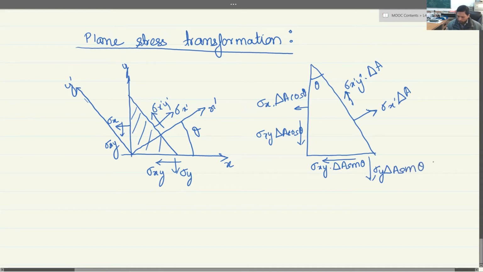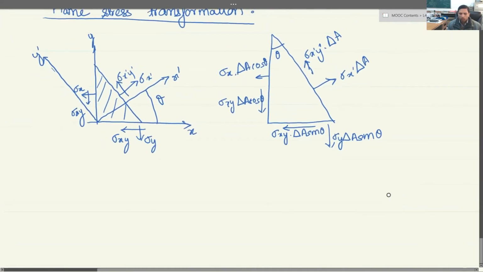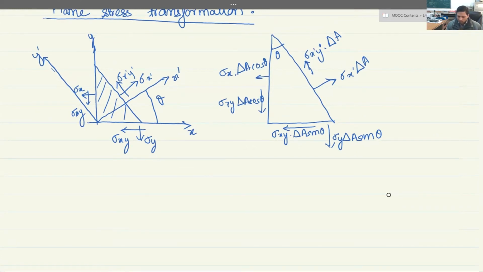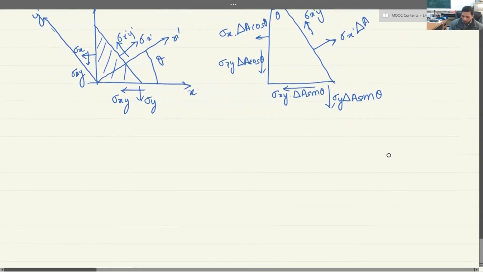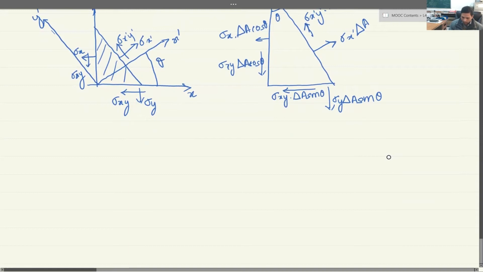So the overall body is not moving, therefore the sum of forces along x prime is equal to 0, and therefore we know that the total sum should come out to 0, and therefore we can write it as 0 equal to sigma x prime delta A, that is the force acting along the x prime direction, minus this is the force which is acting like this, and we will have to find a component along x prime.